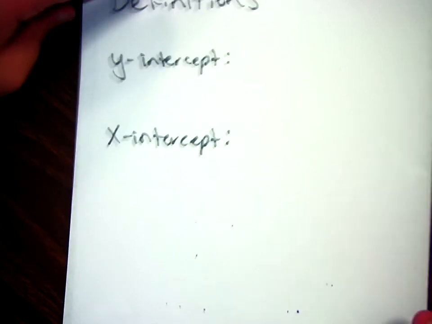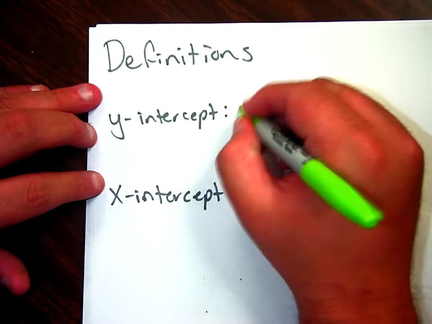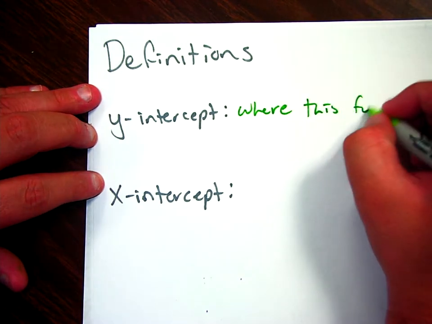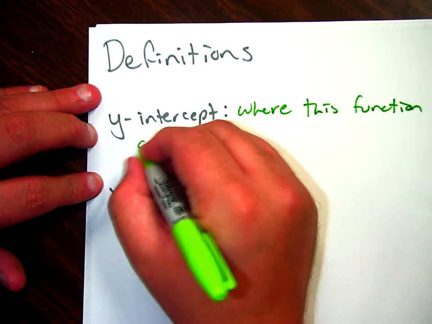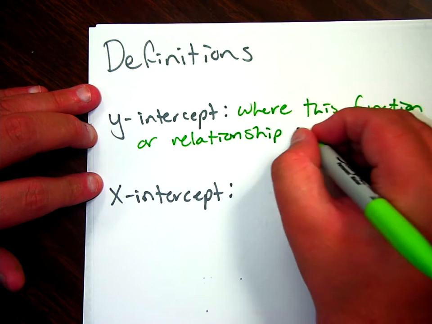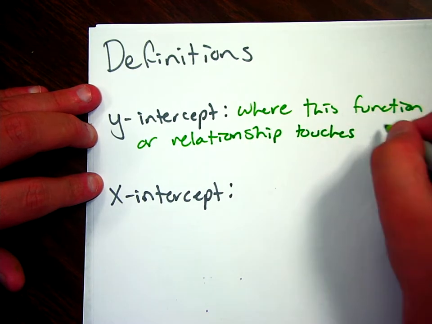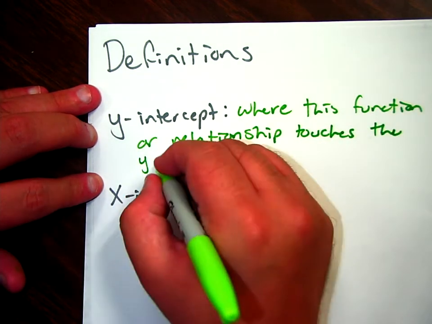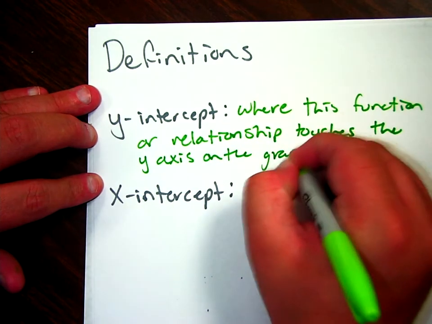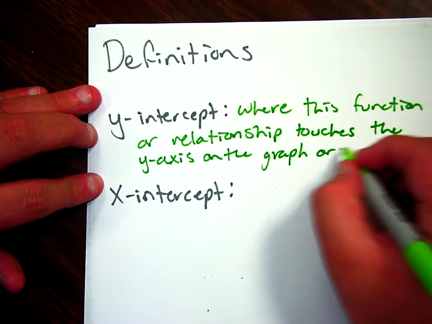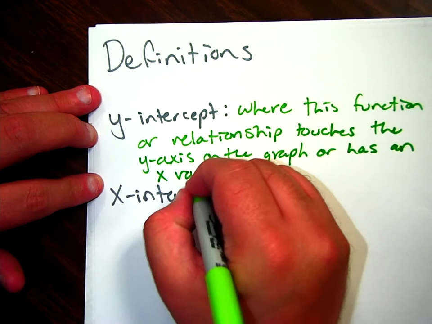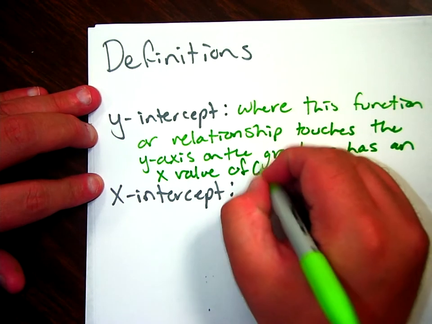Okay, the y-intercept is going to be where this function or relationship touches the y-axis on the graph, or has an x value of 0.